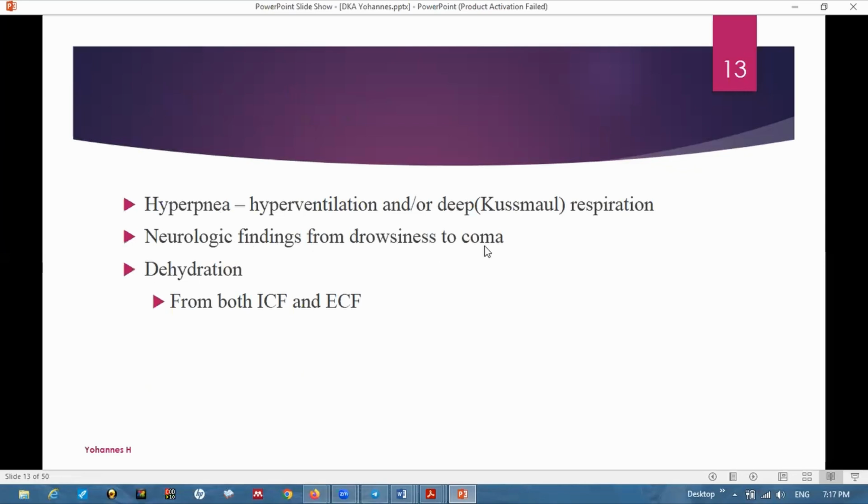Most of the time, the neurologic findings start about 4 hours after we start the management of diabetic ketoacidosis. So for mild, moderate, or severe DKA, by definition they are dehydrated, both intracellular and extracellular fluid.